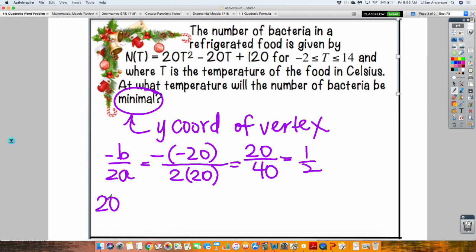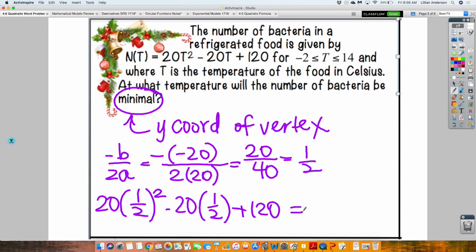Do that now. So you get 20 times 1/4, order of operations, minus what's half of 20? 10, plus 120. 20 times 1/4 is 5. 5 minus 10 is -5.